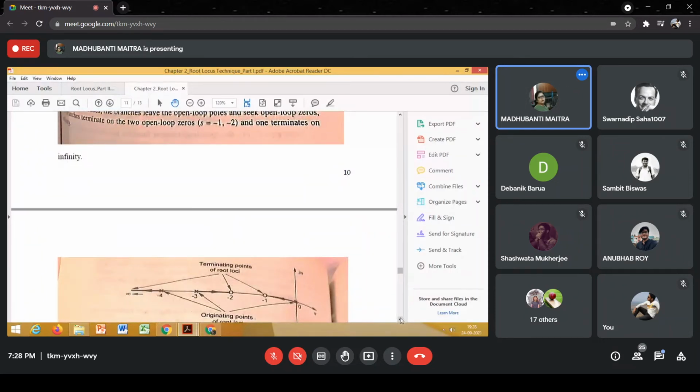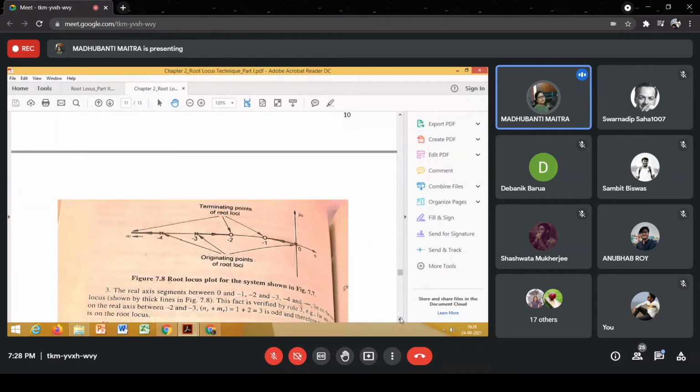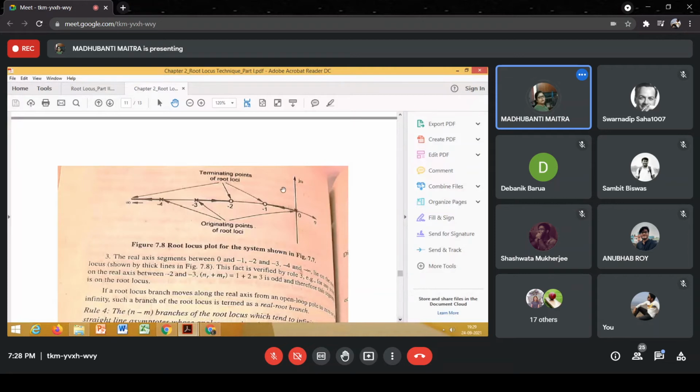This example will help us in this regard. The angle of departure for this real open loop pole is 180 degree.